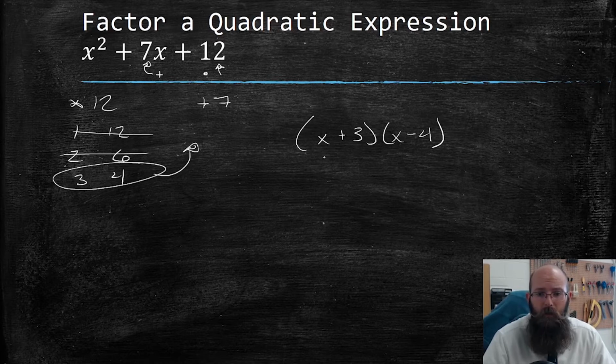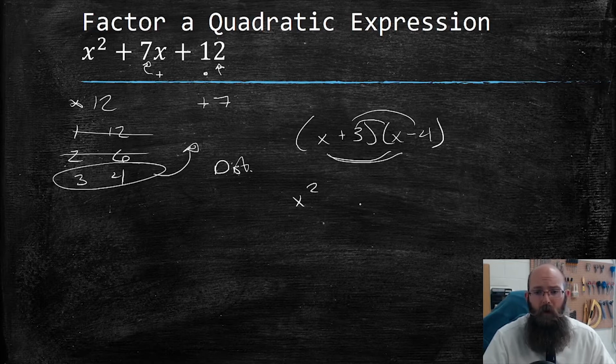I can distribute. I'm just going to write dist. And I can FOIL this back out, right? First, outer, inner, last. So my first thing in each set of parentheses multiplied together gets me an x squared. And then my outer things, the x and the negative 4, gets me a positive 4x.